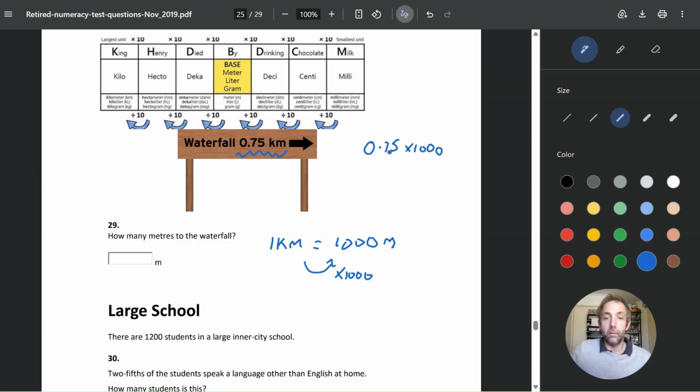And then 0.75 times 1,000 will give you 750. So you can see there that I broke it into times 1, times 10, times 100, times 1,000 to try and make things easier for me. You don't have to do it all in one go.